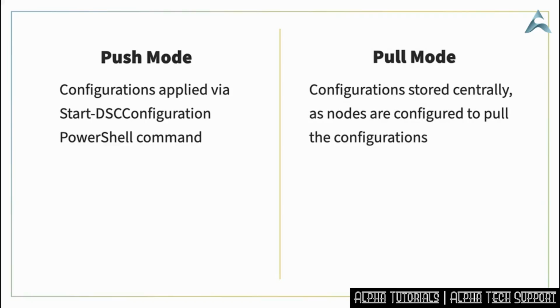The second mode is the pull mode, where the configurations are stored centrally, and there is a special service, which is the DSC service that runs on Windows Server 2012 R2 and above, that has the DSC configuration. The target nodes poll and pull the configuration with the unique IDs, GUIDs, from the servers running the DSC services so that the correct configuration is passed to the respective node.